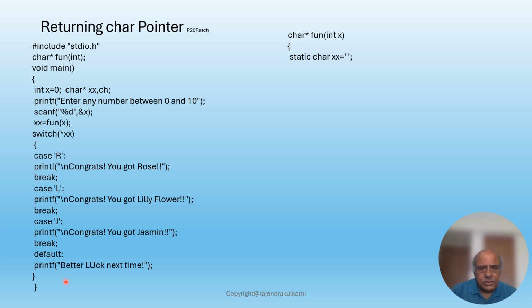What is the function doing? Char star fun with int x: static char xs is equal to a certain value. You can put any value. I have put no value here, so it is a space.